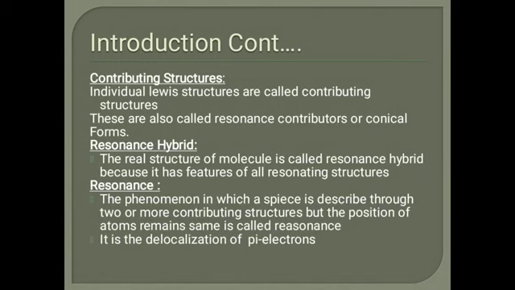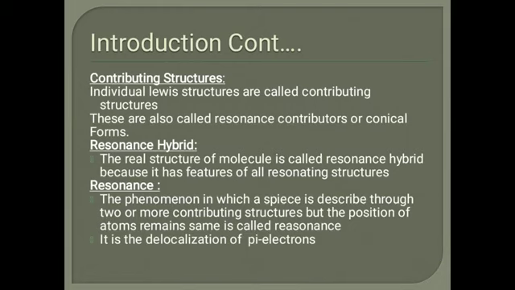The resonance hybrid is the composite of all the resonance contributing structures, and it has the features of all the resonance contributing structures. Resonance is the phenomenon in which a species, a molecule or ion, is described through two or more contributing structures, but the position of the atoms remains the same and there is the movement of electrons.